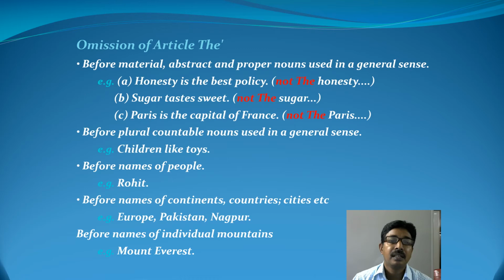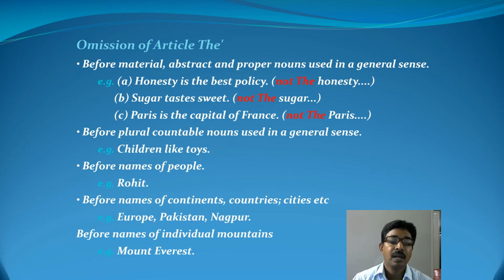And the definite article is omitted before plural countable nouns used in a general sense. For example, children like toys, but here we don't say the children. The children is wrong. Here, children is a plural countable noun, and it is used in a general sense. So we don't use the definite article the. And before names of people also we don't use it.